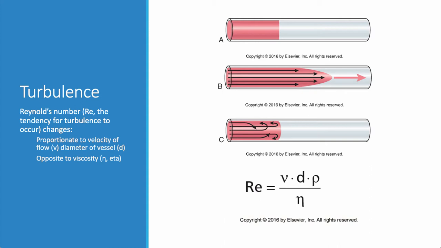So the more viscous the blood, the less the turbulence. The lower the viscosity, the higher the turbulence. And you can make that make sense in your head. A gel is going to move through a tube with much less turbulence than water or something that is less viscous.